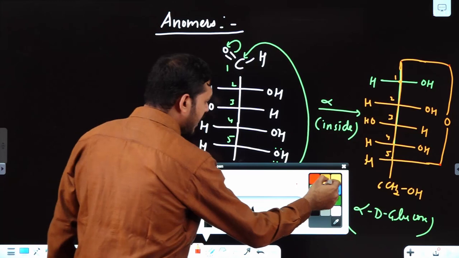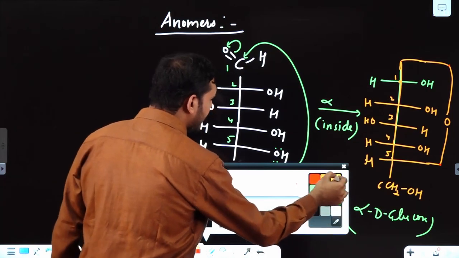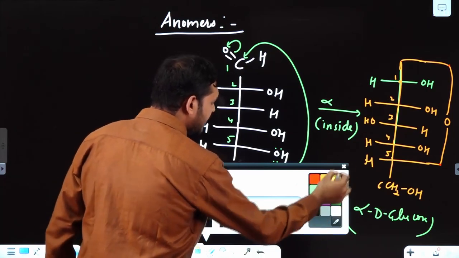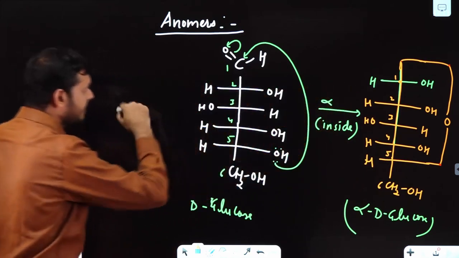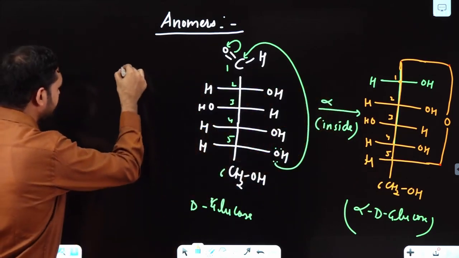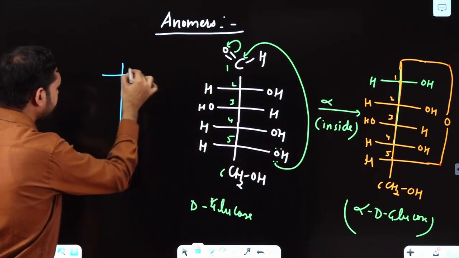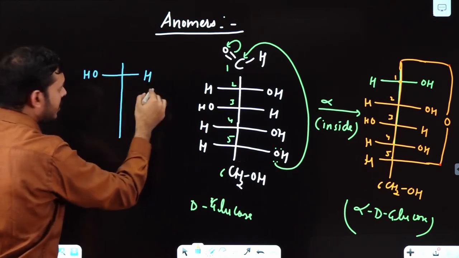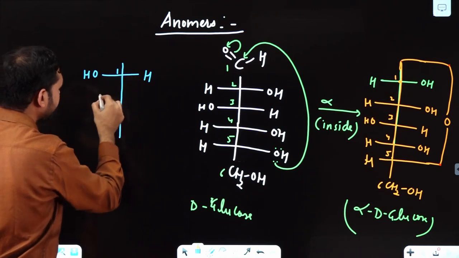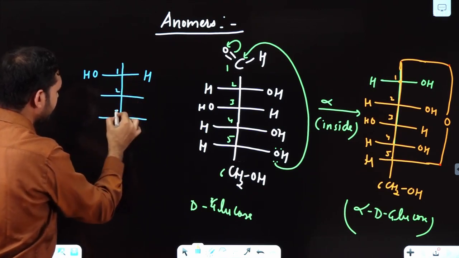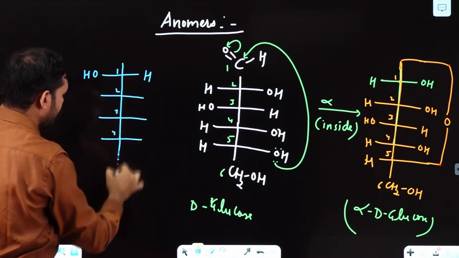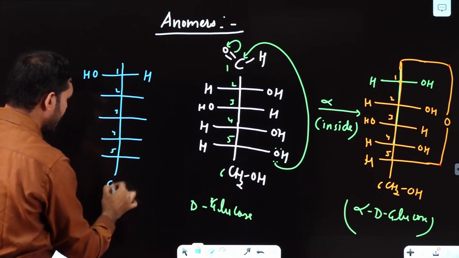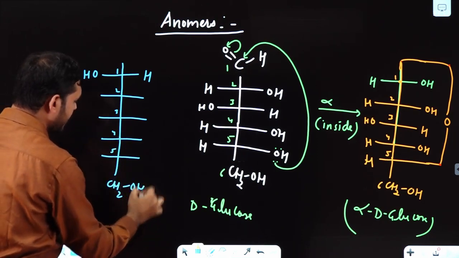Let me draw another case. Now what will be the other case? The other case will be simply when that OH will be outside, meaning this OH will be on this side. Now this is carbon number 1, 2, 3, 4, 5 and last will be your CH2OH.